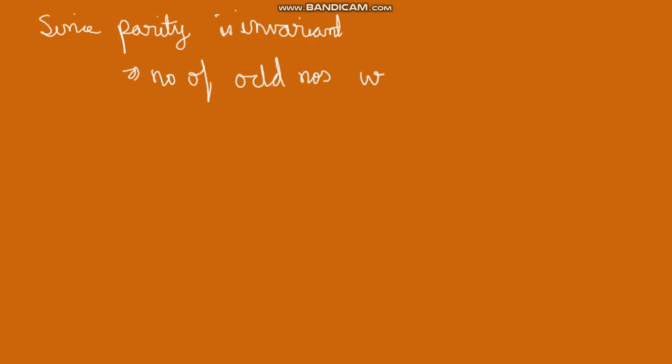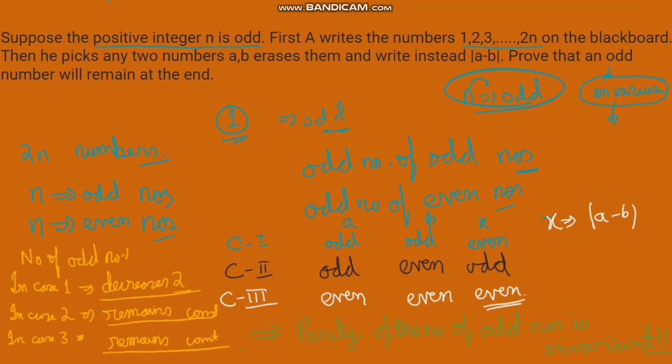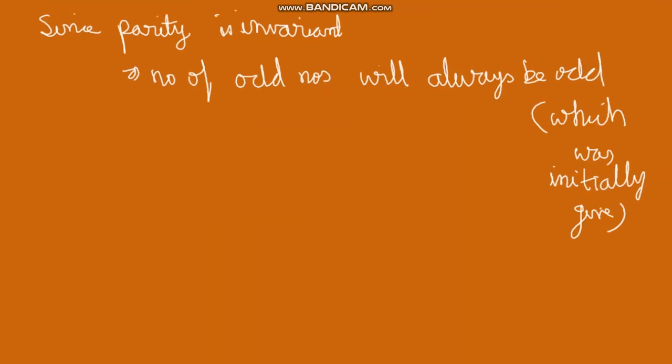Since parity is invariant, the number of odd numbers will always be odd, which was initially given. We were given that the number of odd numbers is odd, you can see. So according to that, the final number of odd numbers is odd.